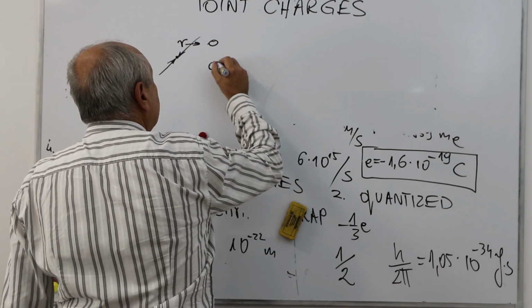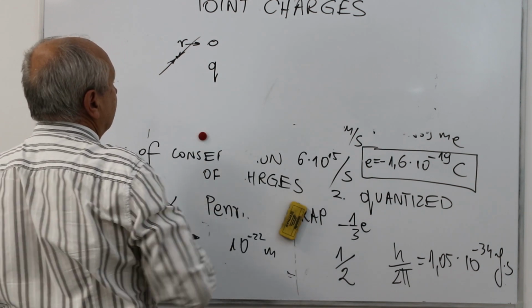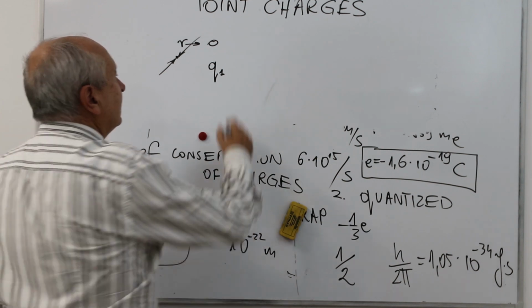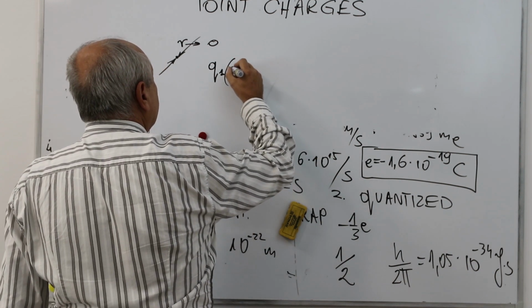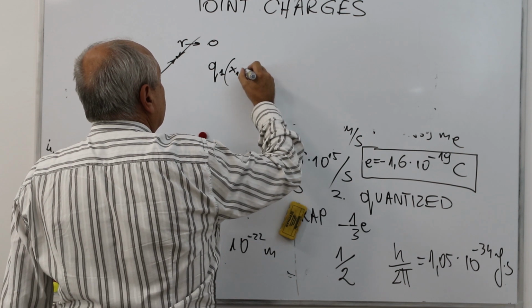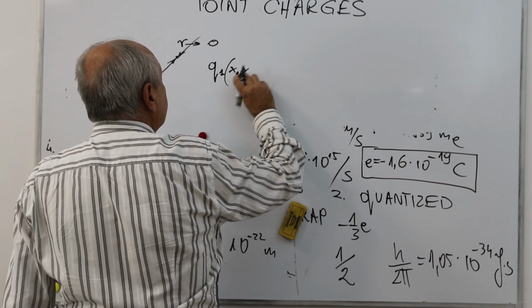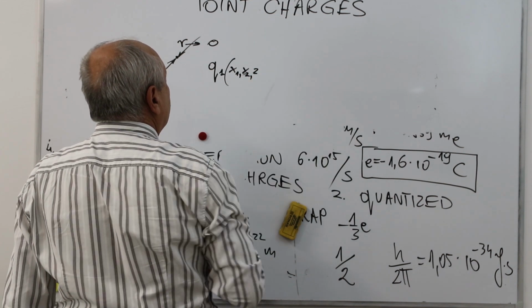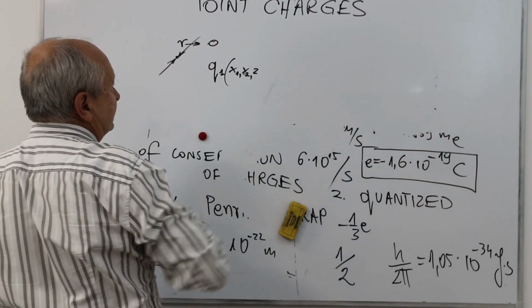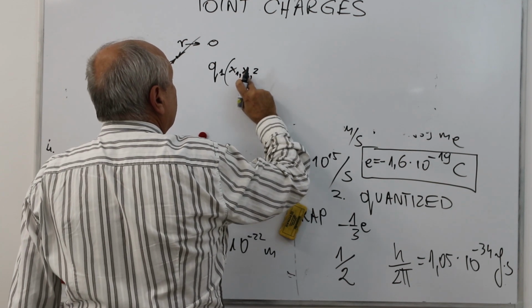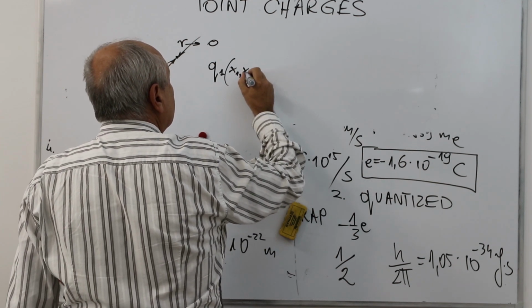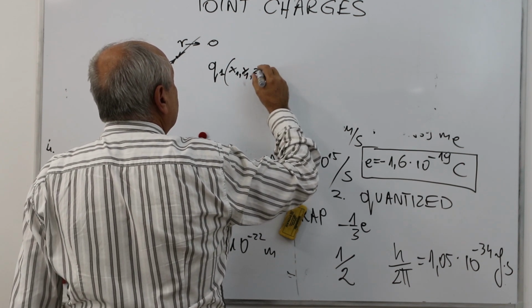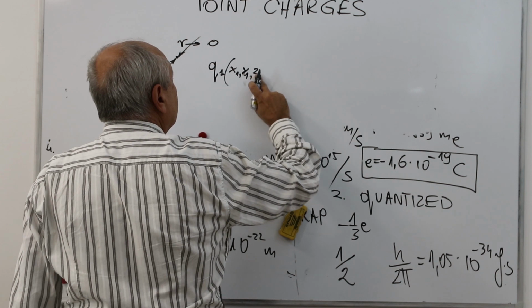We describe charge with the letter Q, for example Q1, and here we can write the position of the charge in the Cartesian coordinate system: X1, Y1, Z1.